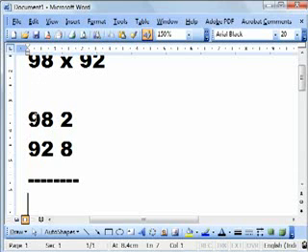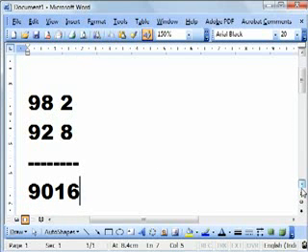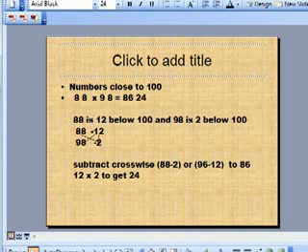Either we can take 98 minus 8 crosswise, or 92 minus 2. So the answer is 90. The first portion is 90, and we have to multiply 8 into 2, which results in 16. So the answer is 9016.